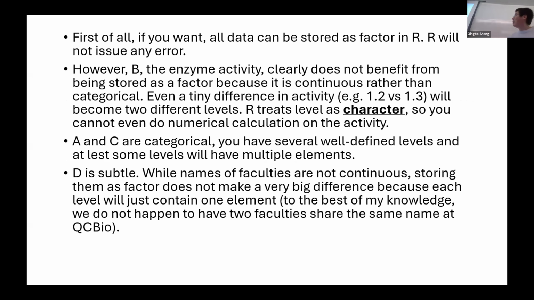Okay, let's analyze them one by one. First, if you want, you can take all these data as vectors. It wouldn't give you any error. So our main discussion here is whether it is worth it or not. For example, for B, the enzyme activity can take any number like 1, 1.5, 2.3.